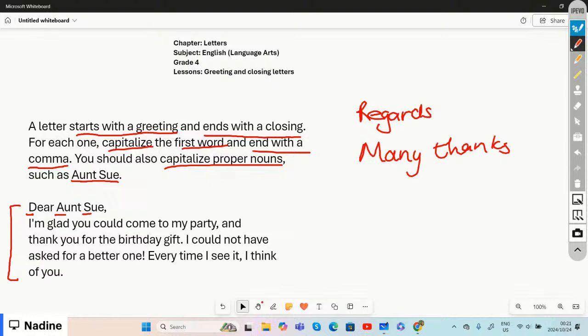So we can maybe use greetings like regards, many thanks, or we can just say thank you. How else can we close off our letter with the form of a greeting?